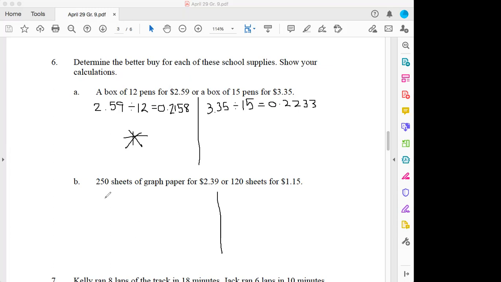Here you're going to divide the amount, so $2.39 divided by 250 sheets to find our unit rate. So our unit rate comes up to 0.00956. So it comes up to about a penny if you round.